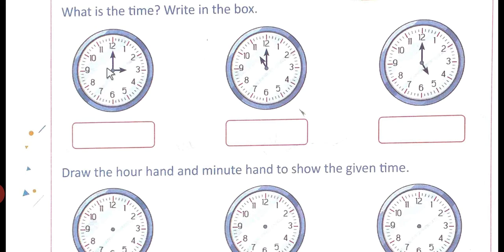A clock shows you numbers: 12, 1, 2, 3, 4, 5, 6, 7, 8, 9, 10, 11 and 12 itself. Between 12 and 1 you can see exactly on 12 there is a red line, and exactly on 1 there is a line. Between these you have to count the table of 5.